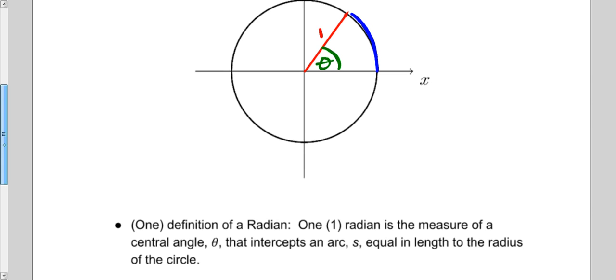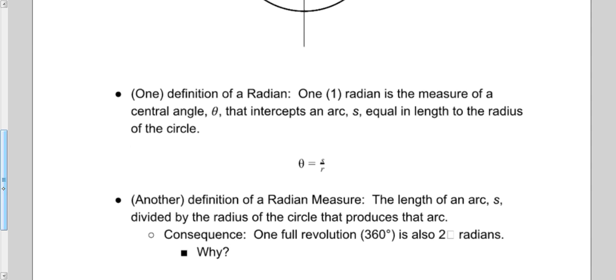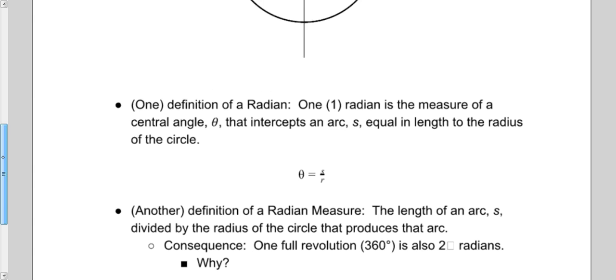Another definition of radian measure: the length of an arc, S, divided by the radius of the circle that produces that arc. I basically said the same thing.